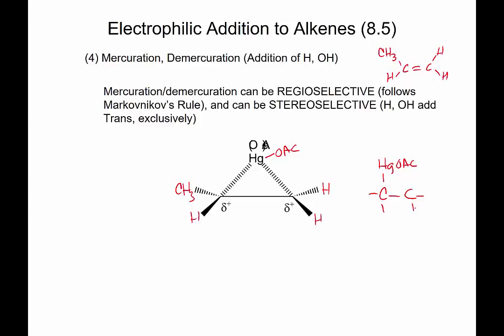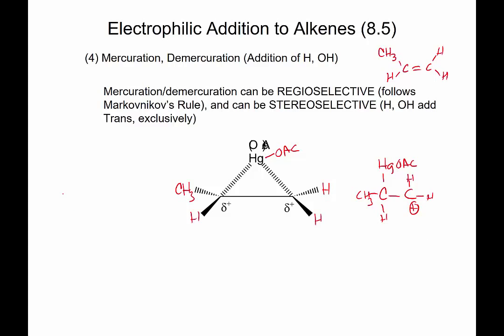Let's forget about the triangle for a minute. So if I do that, then there's my intermediate. And I've got a CH3 here, an H there, an H there, and another H there. So if I add the mercury to the left carbon, I get that one.